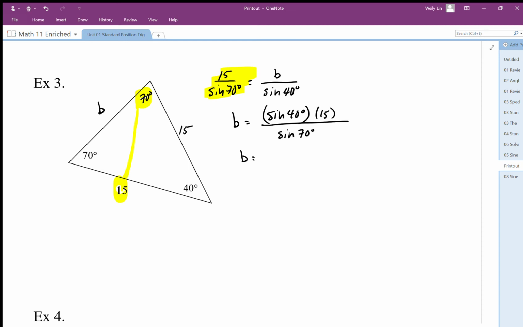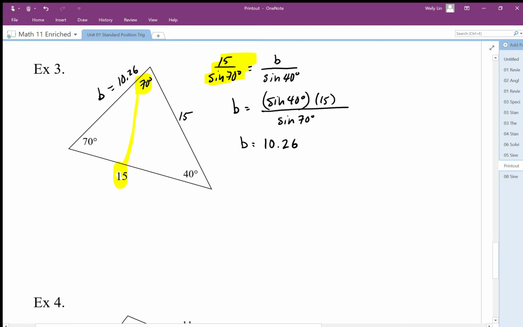Okay, so I get side B is 10.26. So that length is 10.26. That looks about right. Okay, I've now solved for all the angles and sides of this triangle. So that triangle is solved.